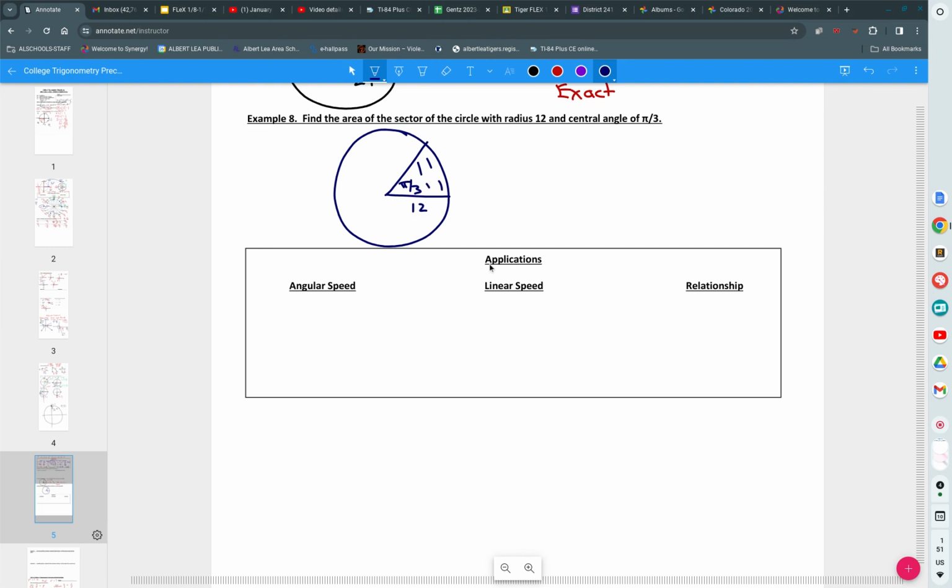This is pretty straightforward. We have area K is equal to 1/2 r squared theta. I plug in 12 for r, and theta is already in radians. So I don't need to change it from pi over 3.